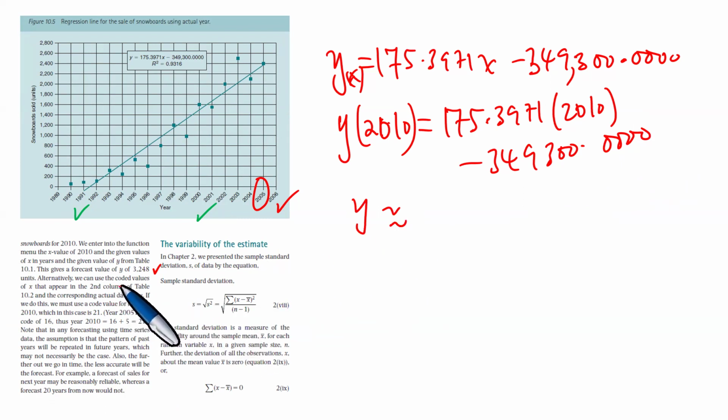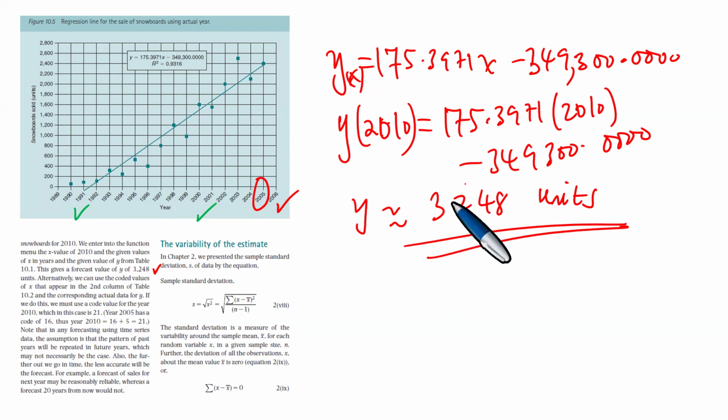This resource claims that this gives the forecast value of, you need to check this one, 348, right, units, meaning that in 2010 we're going to have this many units sold. Okay, I believe that this is correct. Yeah, but you can use a calculator to check that.